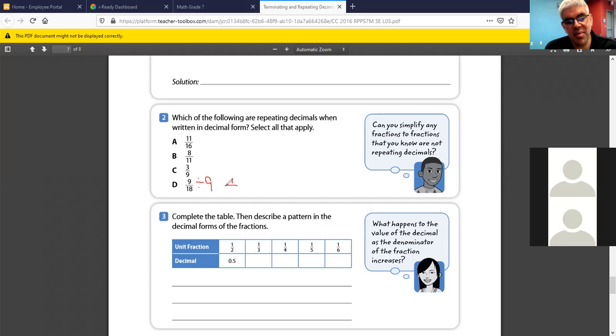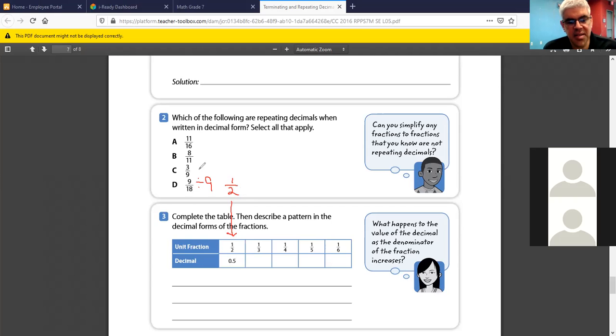And 18 divided by 9 is 2. 1 over 2 is the same as 1/2. 1 over 2 as a decimal is 0.5. So this is terminating.